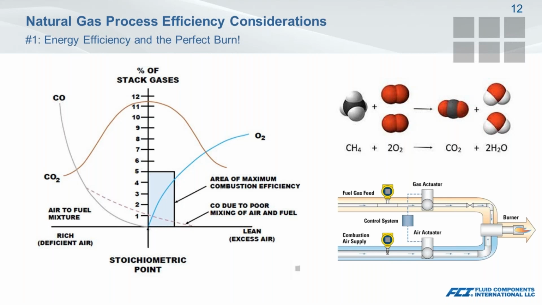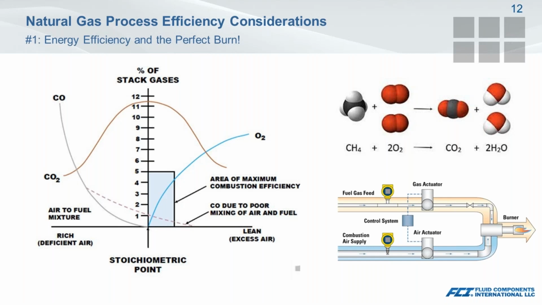Ideal operation occurs at the stoichiometric point. The highest efficiency occurs in the zone to the right of the SP that you can see there in the middle. Operation to the left of the SP results in incomplete gas combustion and production of carbon monoxide with a greatly lowered efficiency and presence of unburned gas in the flue gas.